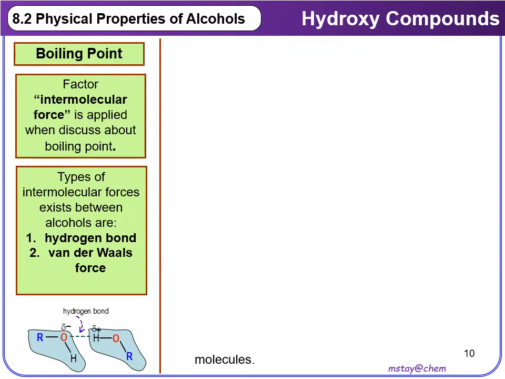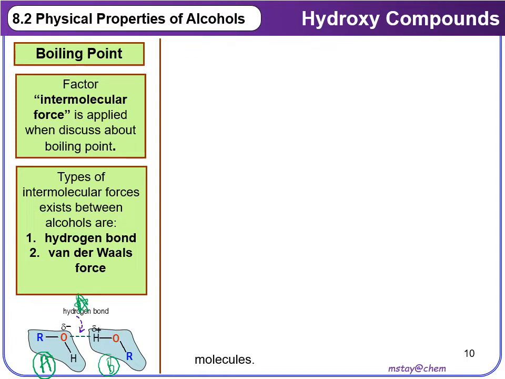So let's look at the structure here. If this is molecule A of the alcohol, and this is molecule B of the alcohol, between the hydrogen atom and the oxygen atom, there is a possibility to form the hydrogen bond.